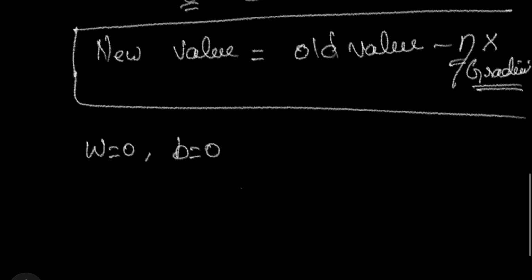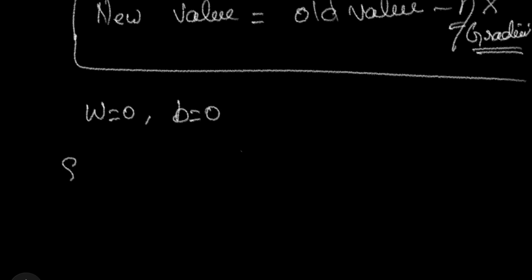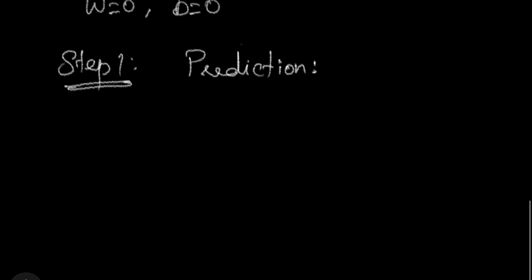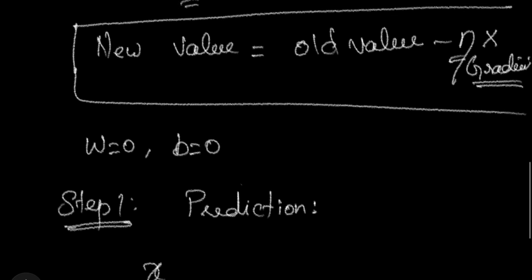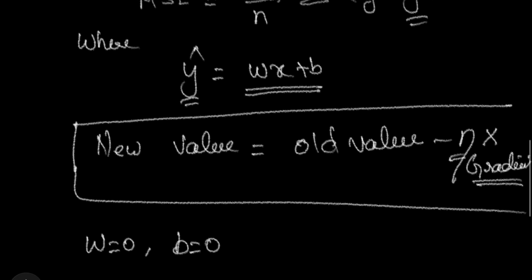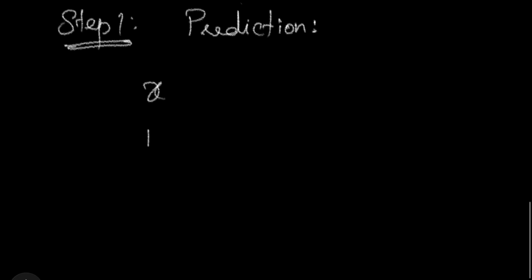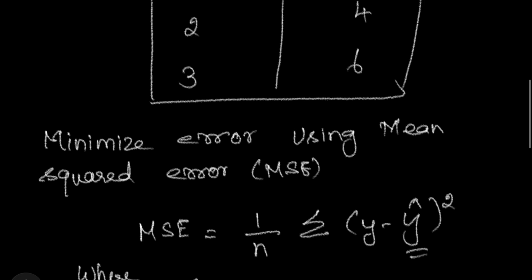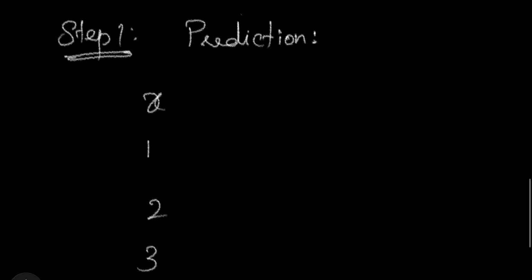We'll start with the calculation. In step 1, first we will find the predicted y. What are the x values we have? 1, 2 and 3. What are the y values we have? 2, 4 and 6.